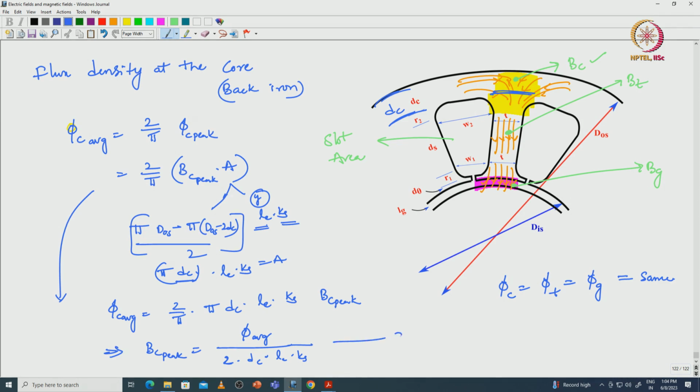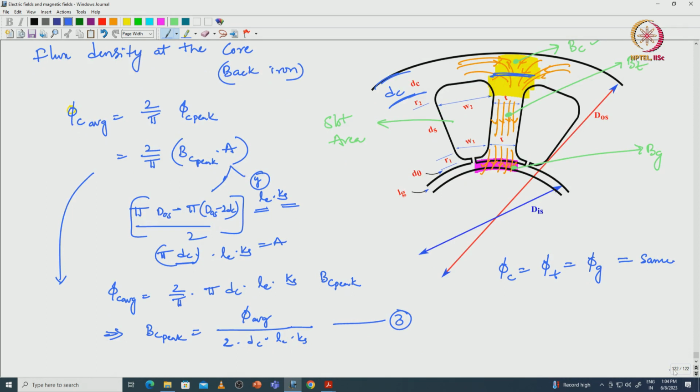Okay. This is equation 3. Now we have calculated the flux densities at the different parts: Bg at the air gap, Bt at the teeth, Bc at the core.